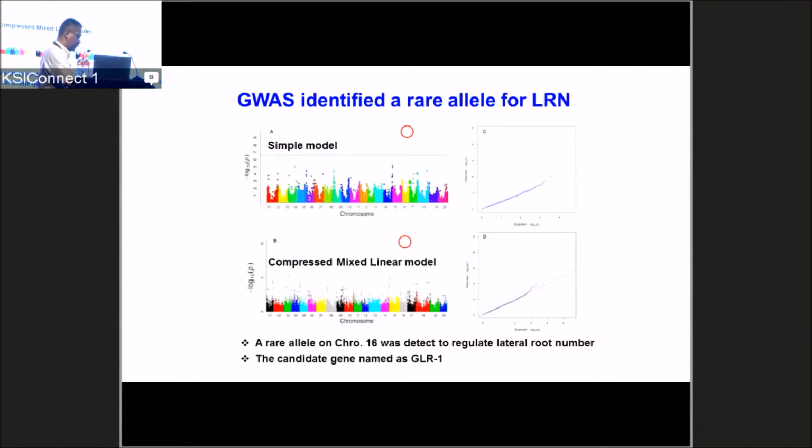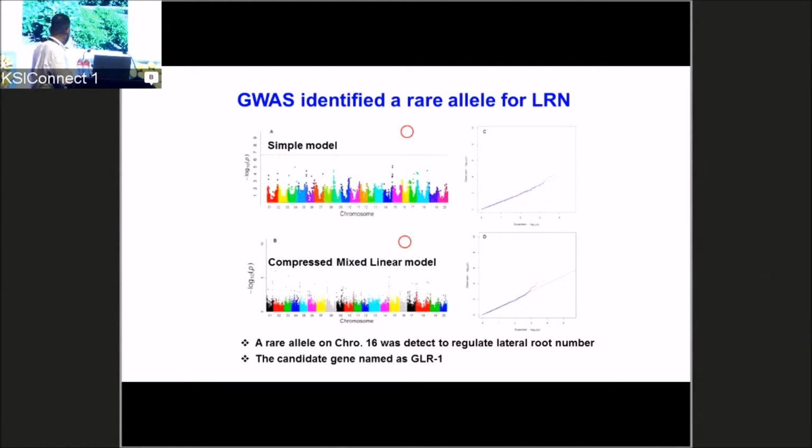You can see more than 3,000 tips in those lines. We went a little deeper. We cloned the gene, a hormone-related gene, GLR1, and characterized it in the soybean hairy root transgenic system. We found that yes, this gene contributes to root system architecture in soybean.